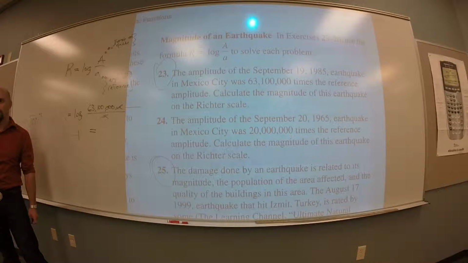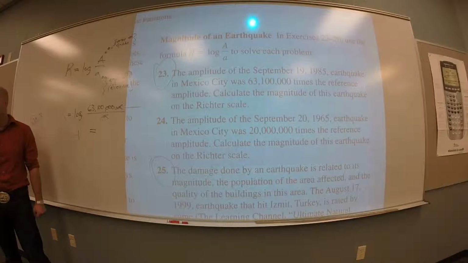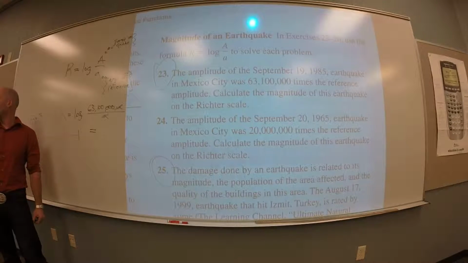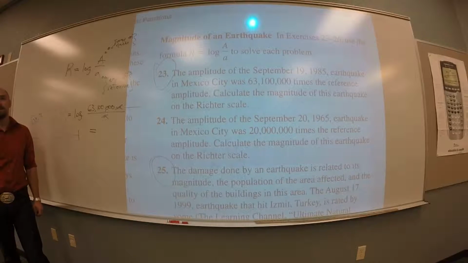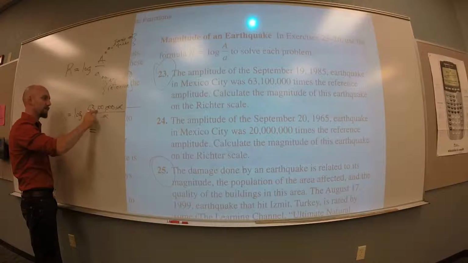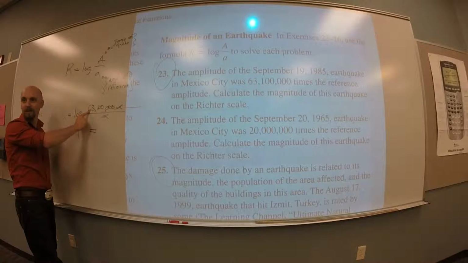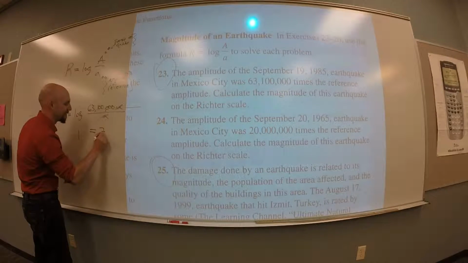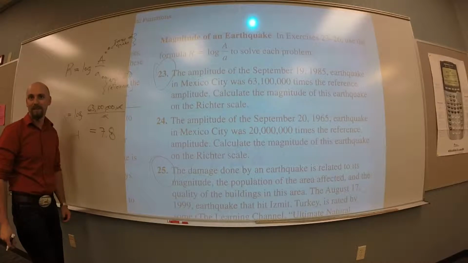It's going to tell me how many powers of 10 go into making this thing. I can see it's 1, 2, 3, 4, 5, 6, 7, 8, so 7.8, someplace around 8.